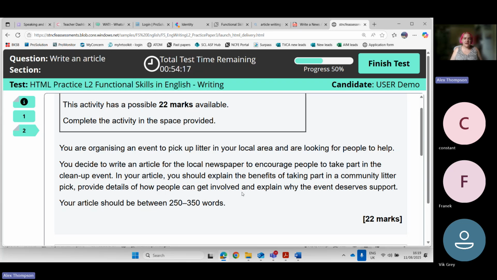So I'm going to be thinking about my purpose. Why are we doing it? Our audience. Now, it says that I'm writing this for my local newspaper.